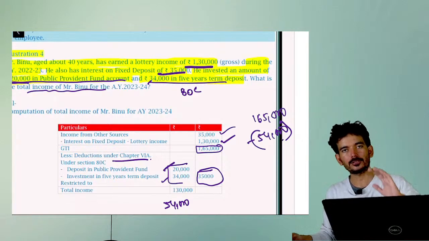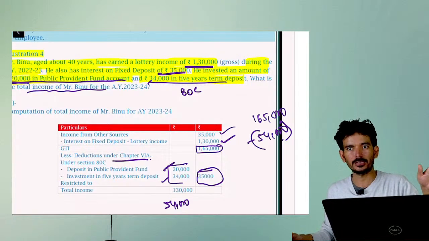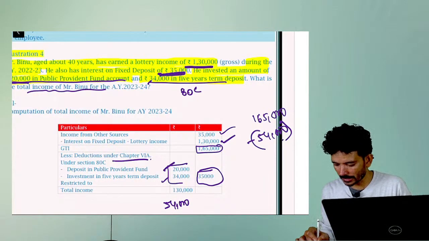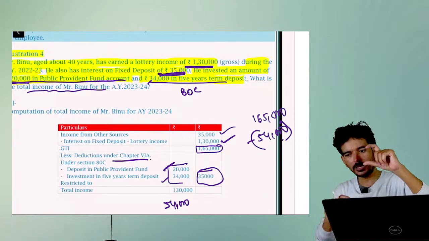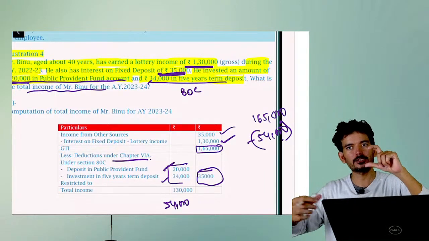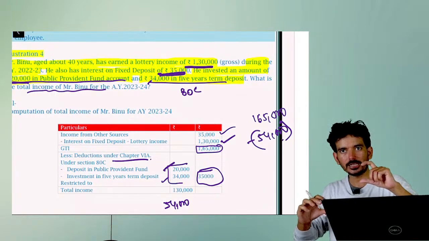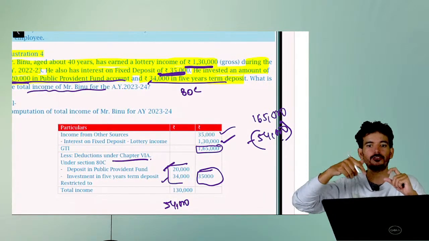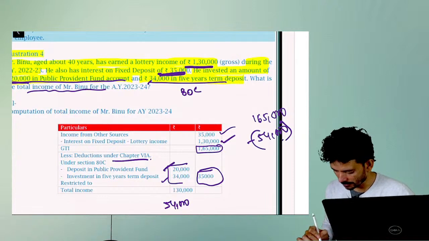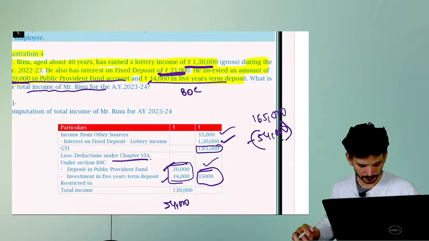So 1,30,000 has to be taxed at 30%, nothing else. Other than that, he has a fixed deposit income of 35,000, right? Only from 35,000 can he take whatever 80C deductions he wants. But 80C cannot be taken to reduce your specified rate of income. So that is the reason why even though it is 54,000, you can claim only 35,000.